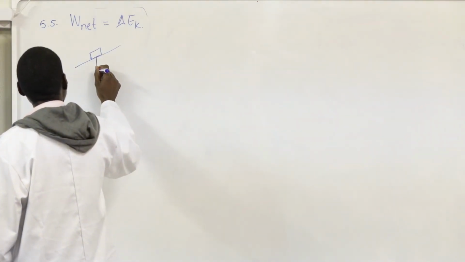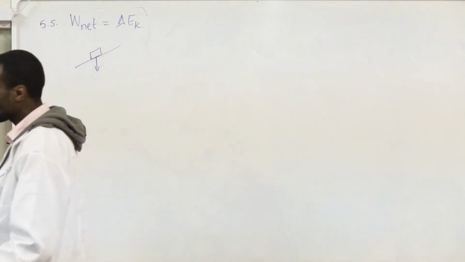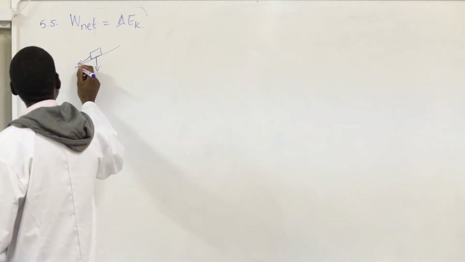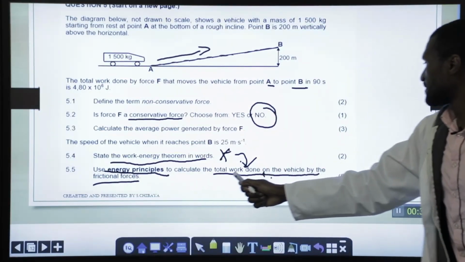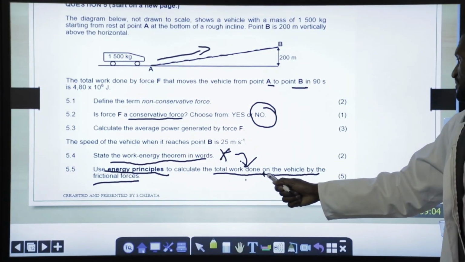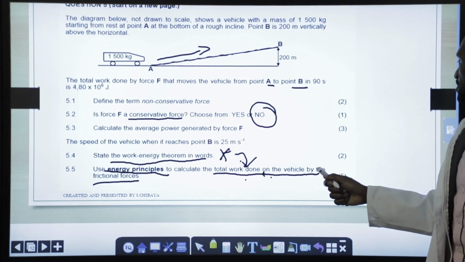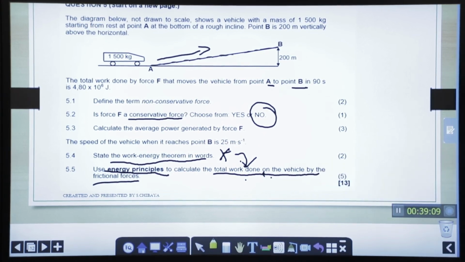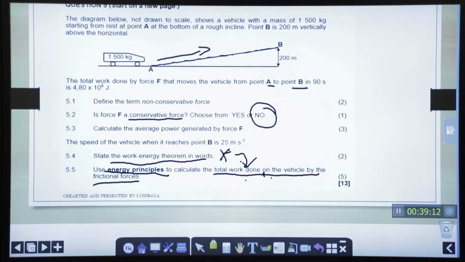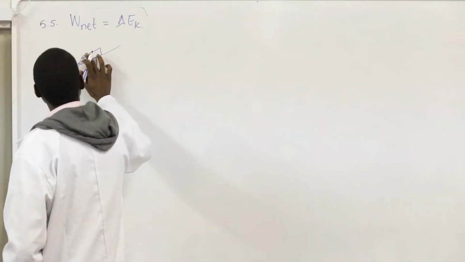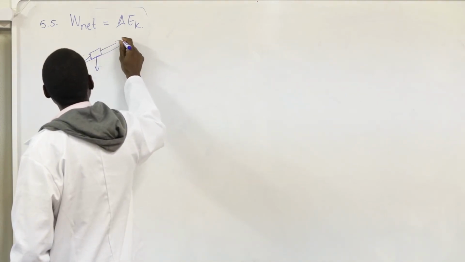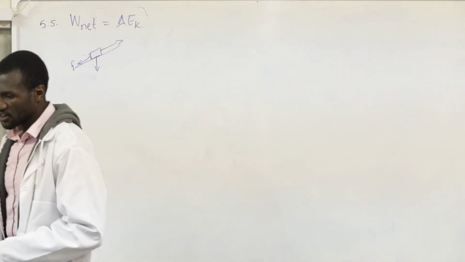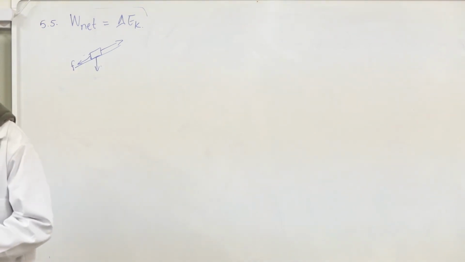there's a component of the weight of the object. Not only that, we hear of the frictional force that's working on it. That's why they are asking us for the total work done on the vehicle by the frictional force, okay? We also have, right, so that's work done by frictional force and by the weight, and then there's the work done by the engine going upwards, all right?